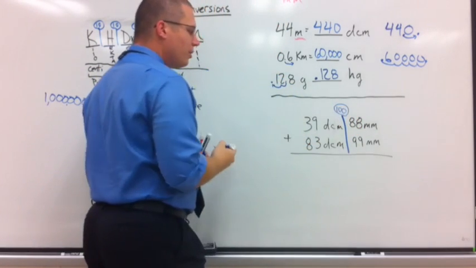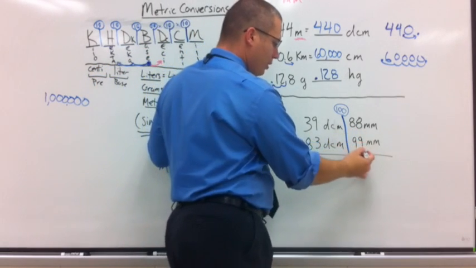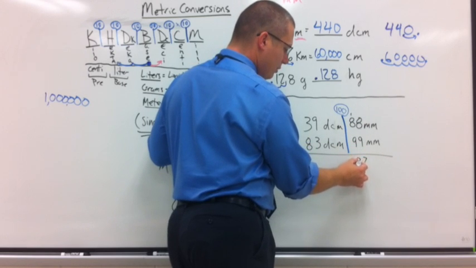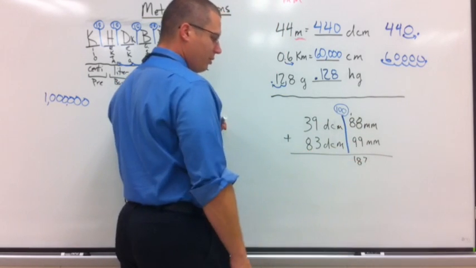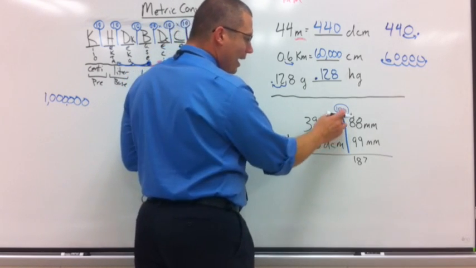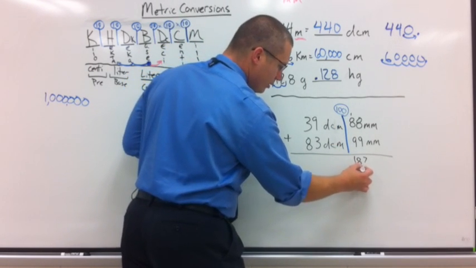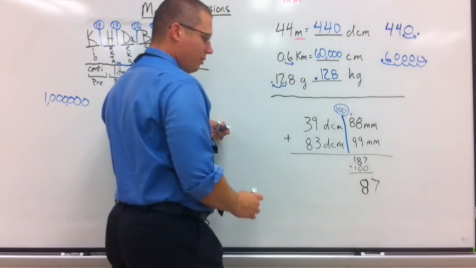Once my magic numbers are set, the adding becomes typical adding. 8 plus 9, 17. 17 plus 1, 18. So I have 187 millimeters. Can I pull out a group of 100? Yes, I can. I'm left with 87 millimeters.